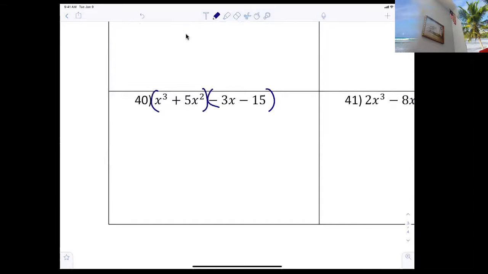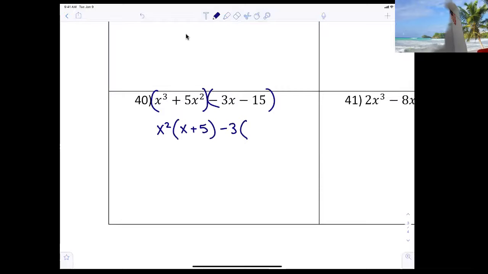So what's common? X squared. We're left with x plus 5. Factor out a negative 3.